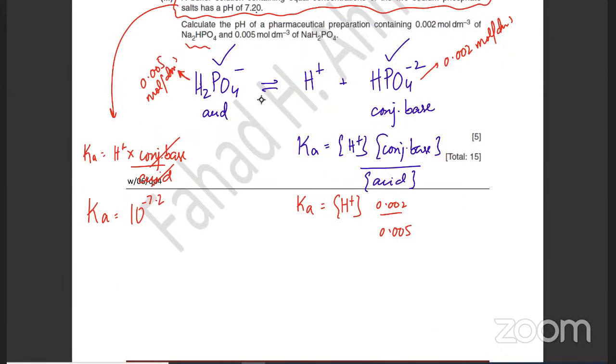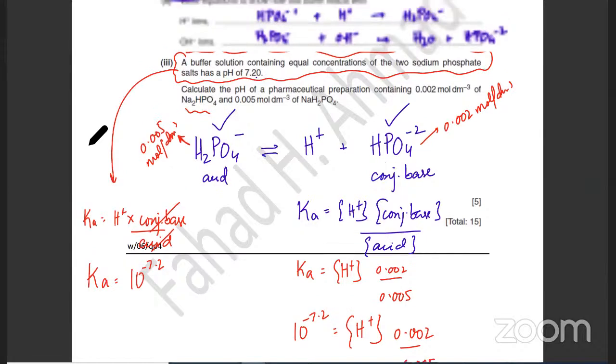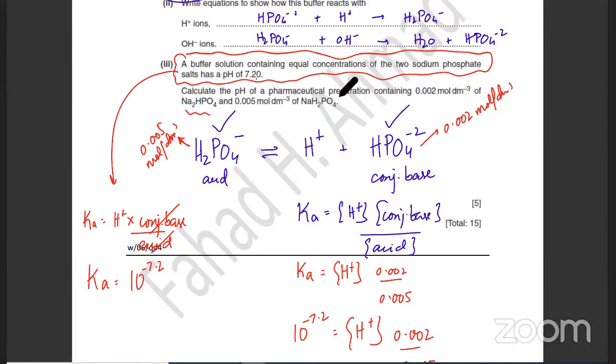लेकिन अब what you're going to do is use this, because K is a constant, right? So you're going to use this in your solution, which is 10 raised to the power minus 7.2 is equal to H plus 1 into 0.002 over 0.005. Remember, the first solution had nothing to do with the solution whose pH they were asking you to calculate.